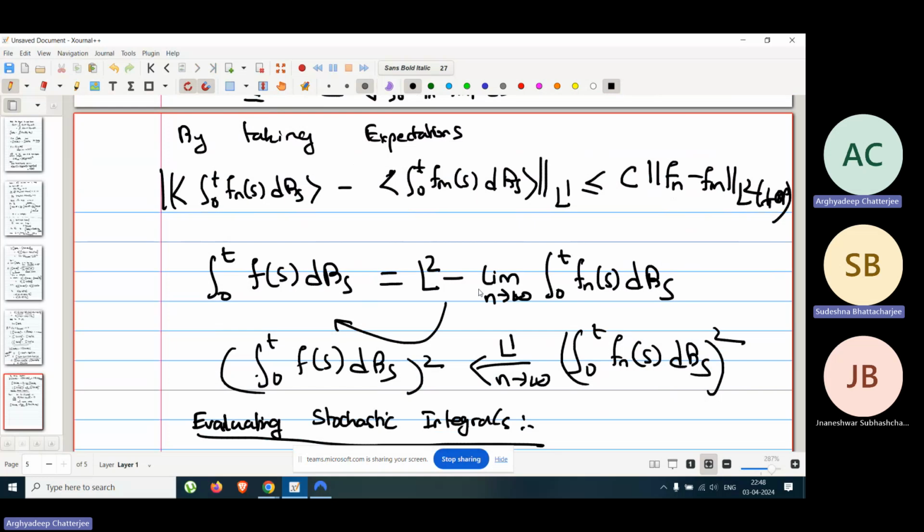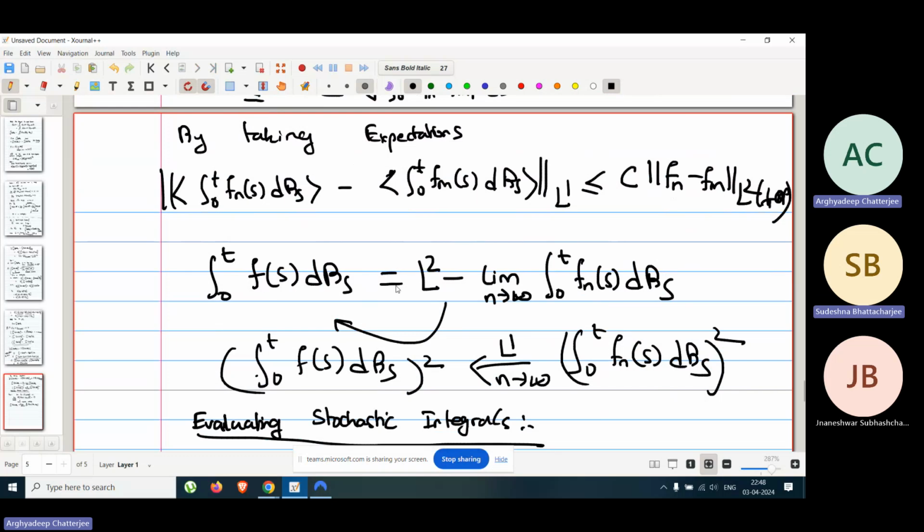By definition, that is the mean square limit, and that implies L2 convergence of this. So convergence in the norm implies L2 convergence in the probability sense of these particular random variables.